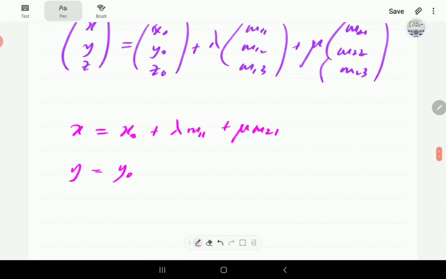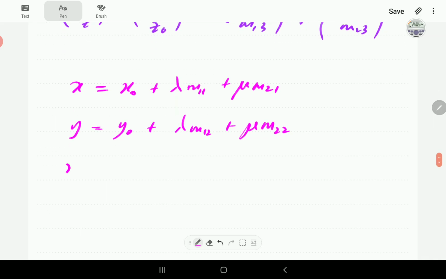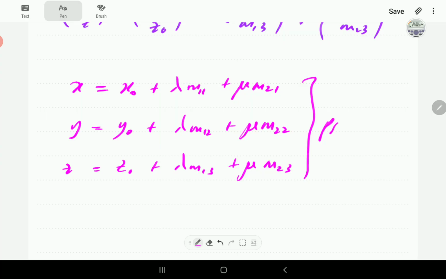Y is going to be y0 plus lambda m12 plus mu m22, z is going to be z0 plus lambda m13 plus mu m23, and so this is going to be the parametric form of the equation.